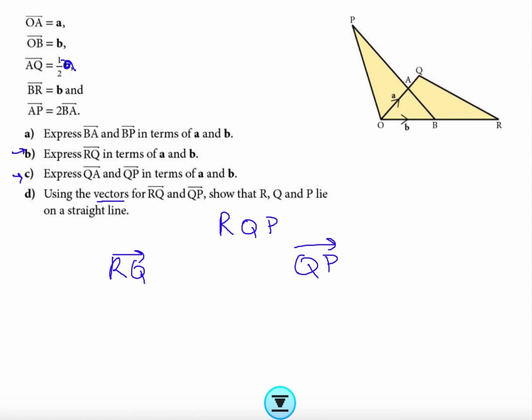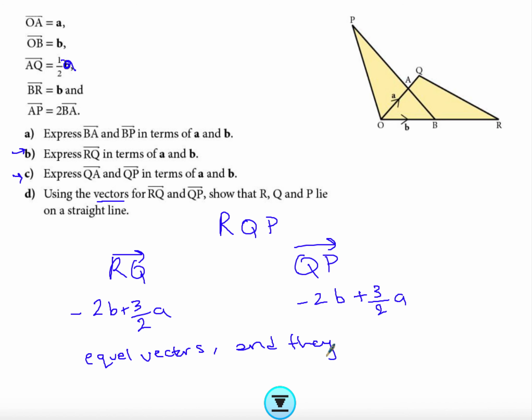So usually you're going to get a scalar multiple, so maybe QP would be double RQ, but in this case we got the same value, so we'd say that you have equal vectors and they share a common point.